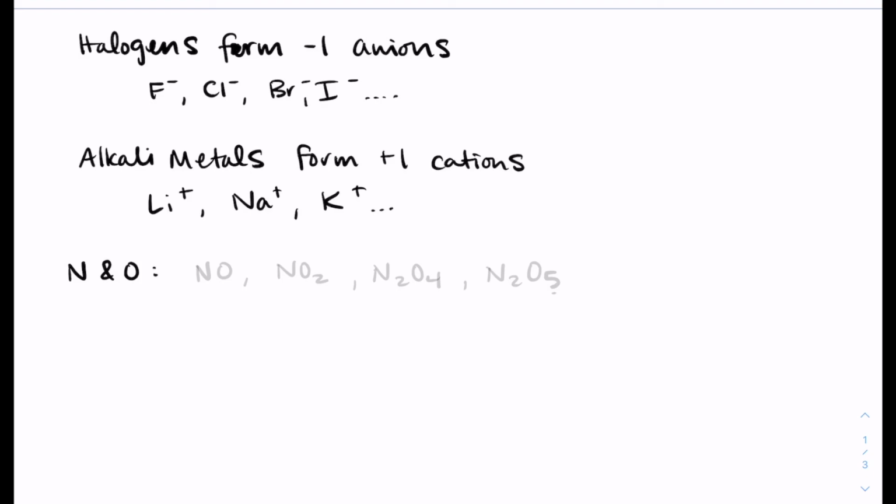So this is showing that it is possible to get different combinations when you put these things together. So nitrogen and oxygen, you might see it as one nitrogen, one oxygen, one nitrogen, two oxygens, two nitrogens, four oxygens, or two nitrogens and five oxygens. Just know that there are a bunch of options there.